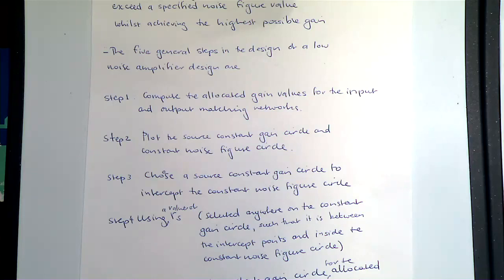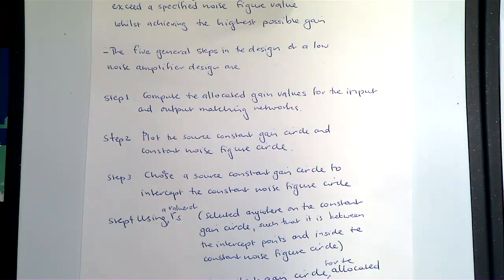So for example, and we'll go through this particular example in the next few slides, if we wanted to build an amplifier which had 16 dB gain, and the transistor gain, or S21 squared, was 14 dB, it means that we've got the ability to choose GS and GL, the sum of GS plus GL, to be 2 dB.